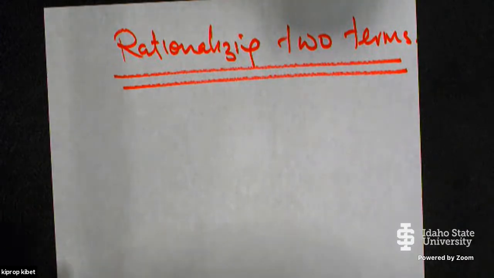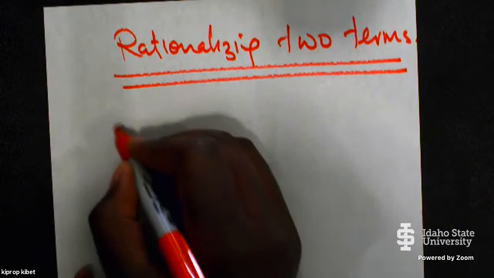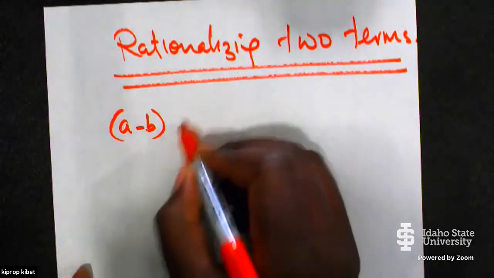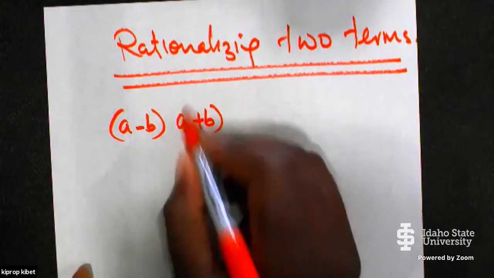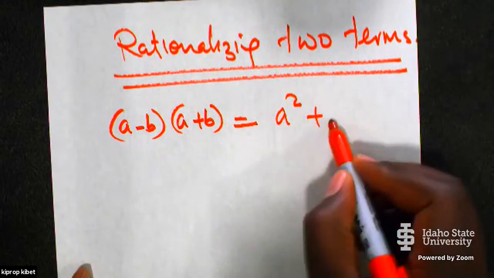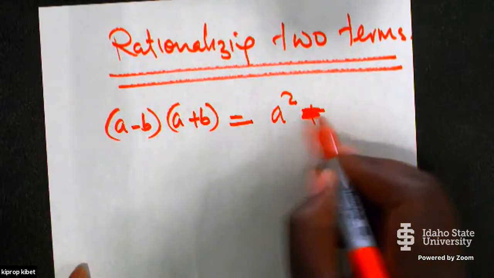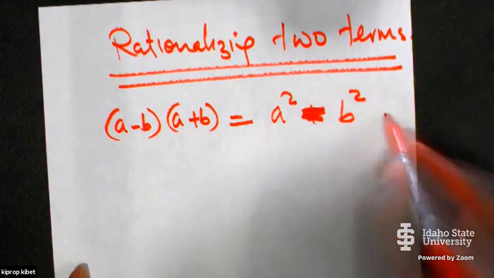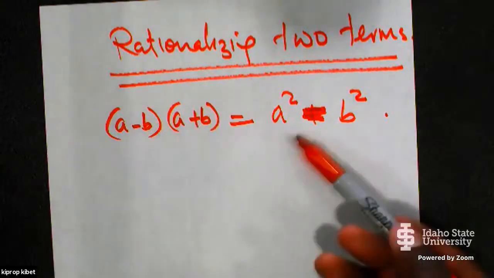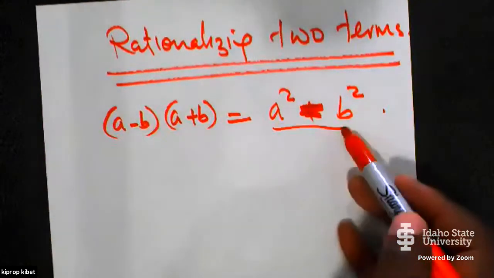So we can recall this, a minus b times a plus b is similar to a squared minus b squared. Now, if this one is in the denominator, then this will be like that.